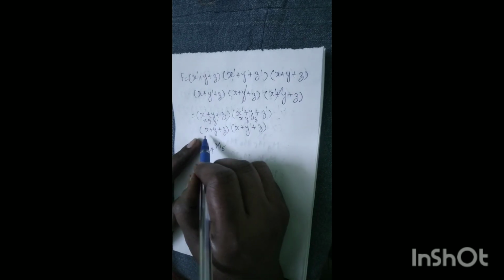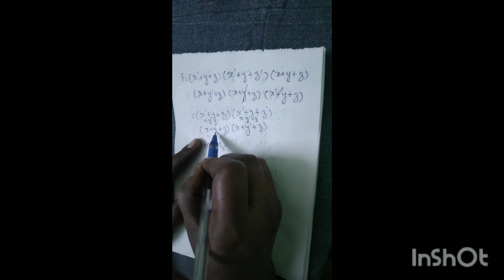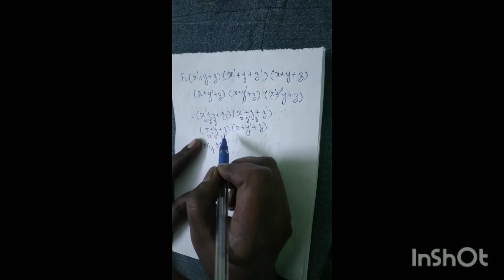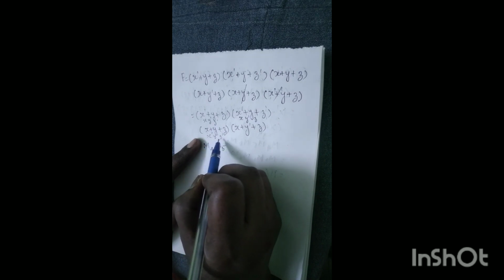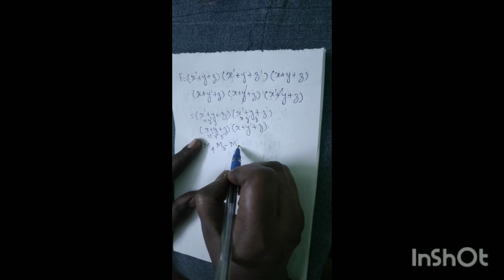The next is x plus y plus z, which becomes x dash dot y dash dot z dash. So 0, 0, 0. 0, 0, 0 means M0.